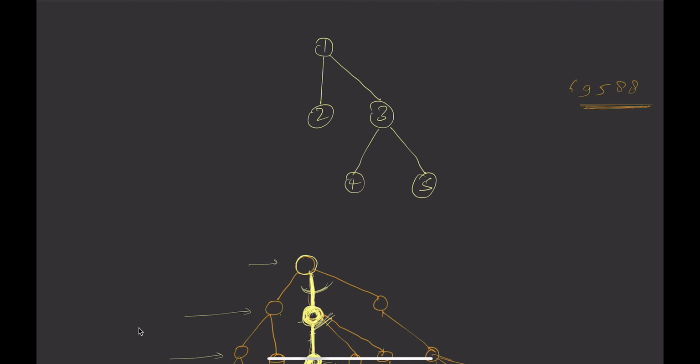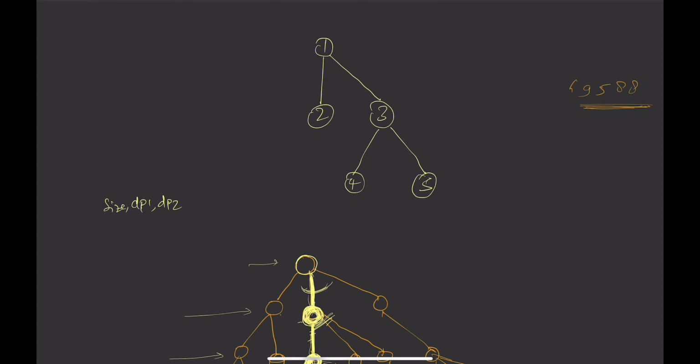Okay, let's write the dp1 values. So let's write the pair this way: size, then dp1, then dp2.